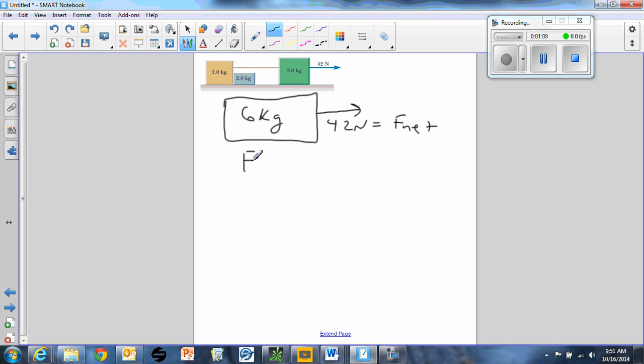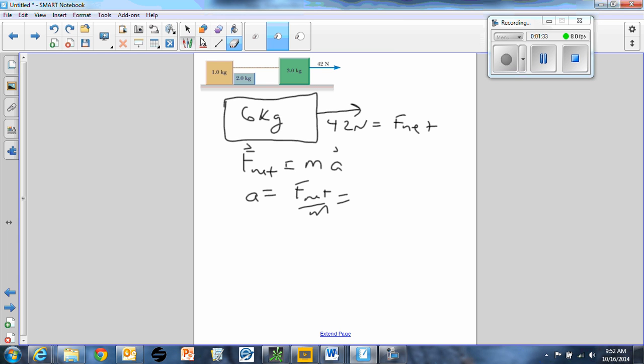Well, we know that net force, the vector, equals ma, a vector. Or if you look at your equation sheet, a equals F net over m. That's easy enough. That's 6 kilograms. Sorry, that is not 6 kilograms. It's 42 newtons.